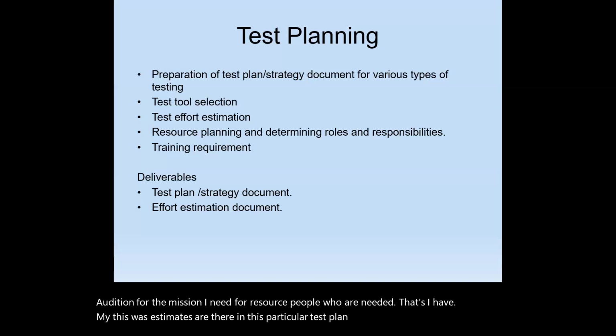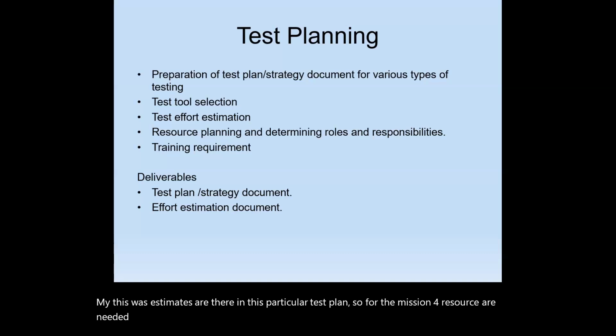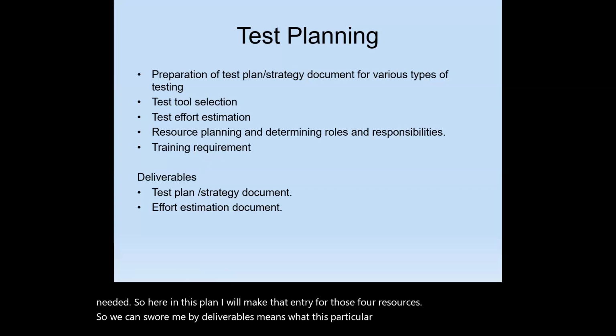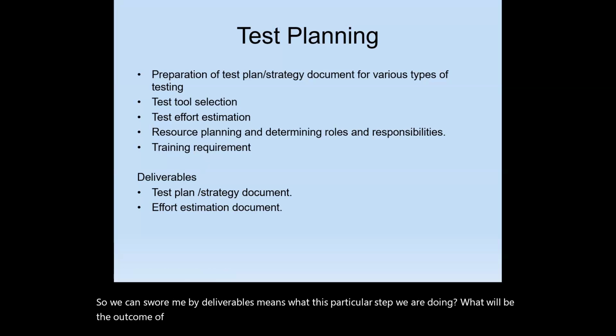So for automation, 4 resources are needed, and here in the test plan, I will make that entry for those 4 resources. So what I mean by deliverables is what this particular step we are doing produces, the outcome of that step. That's why I want you to understand what deliverables are.